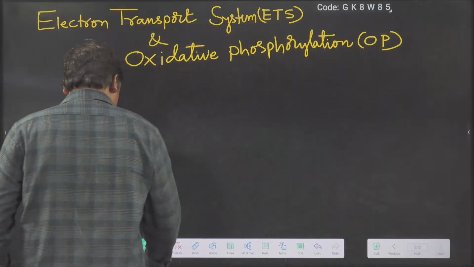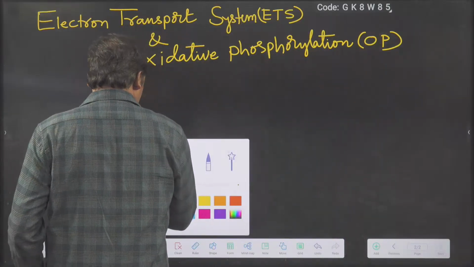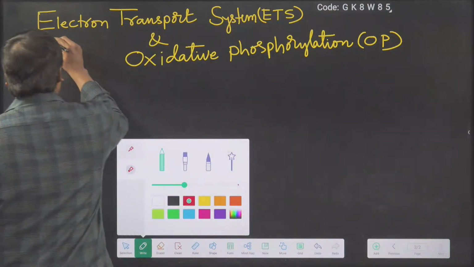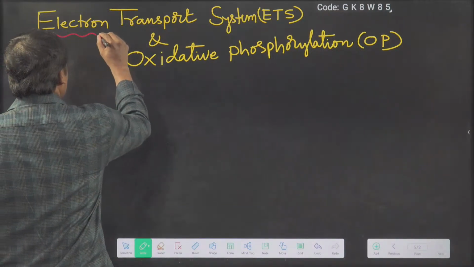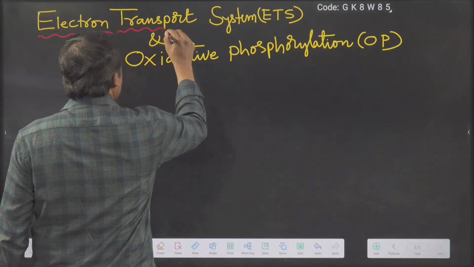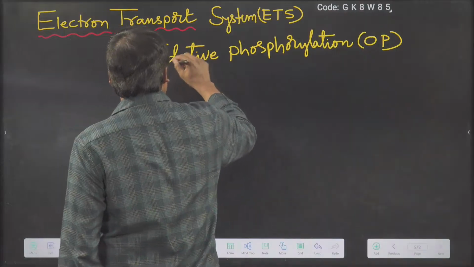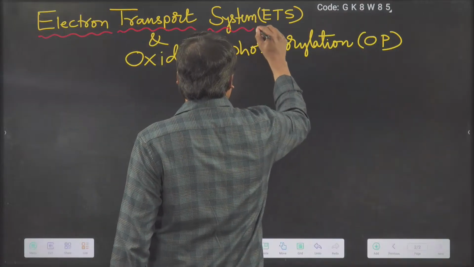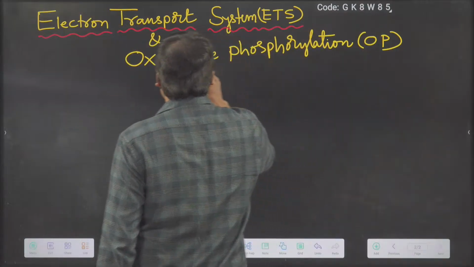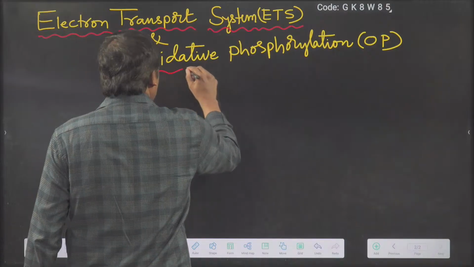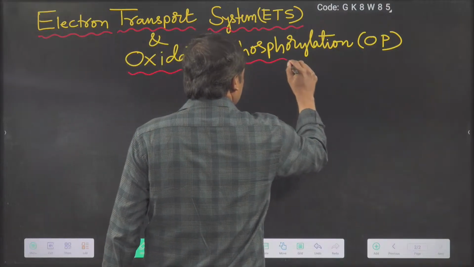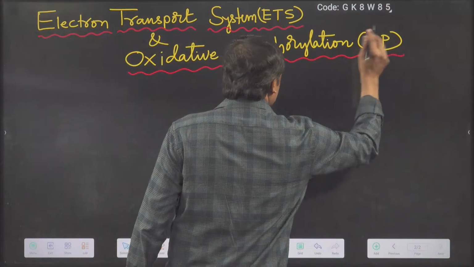In shortcut you can call it OP, in contrast to SLP. SLP means substrate level phosphorylation, OP means oxidative phosphorylation. Okay.